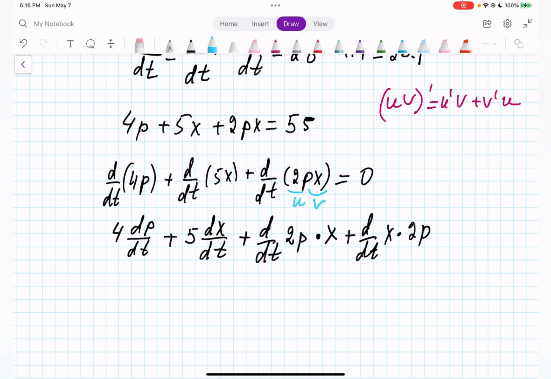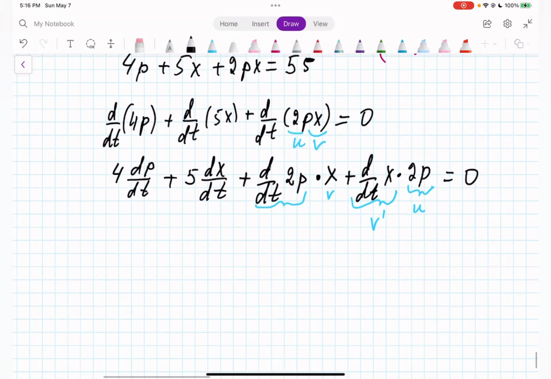So I'm taking u prime, which is d by dt, times v, and then I'm taking the derivative of v times u. And all this equals 0. So what do we have here? Do we have anything in common? Let me open this derivative.